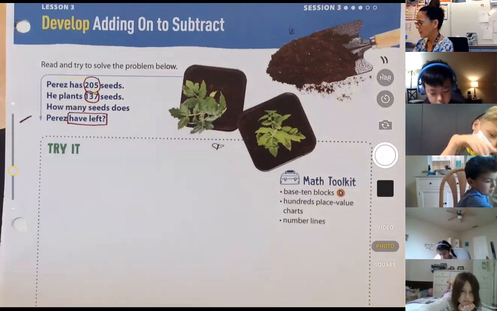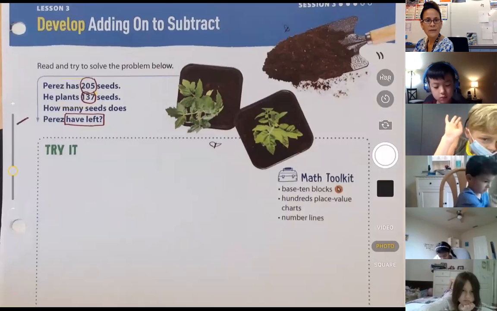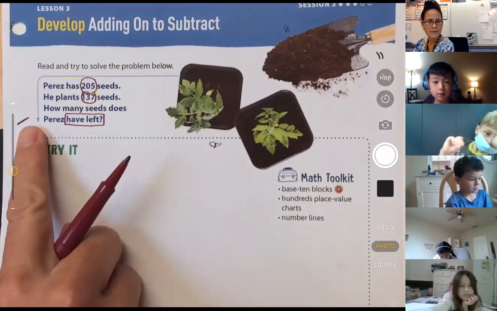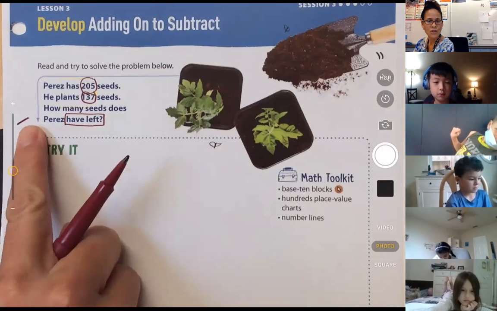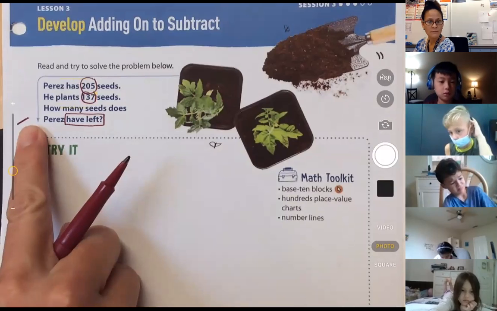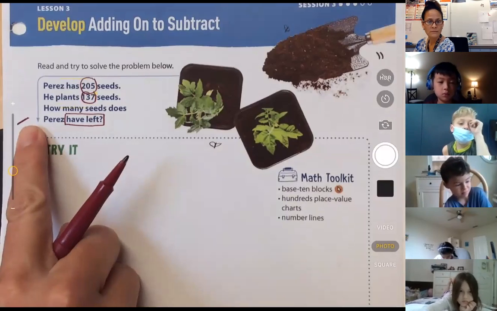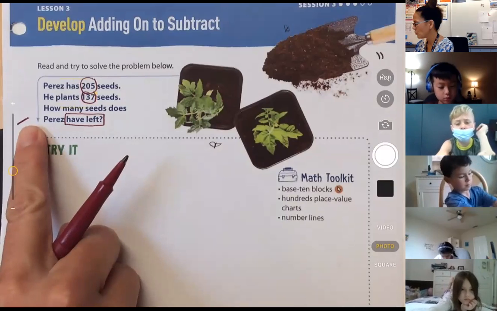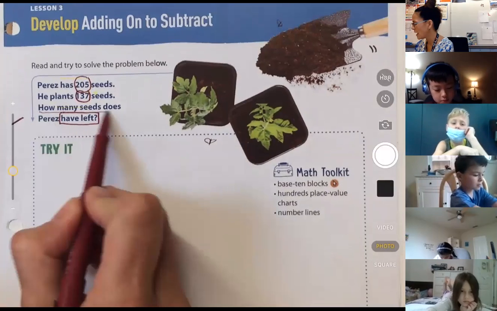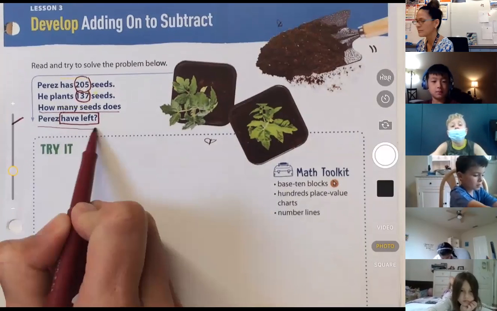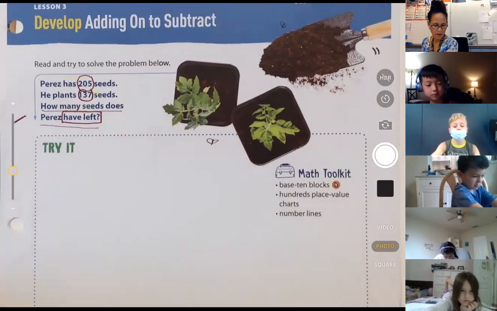And why am I doing that with that line there? That just helps my brain. Is that just a dash? No, it is not. That is the symbol for subtraction. That helps my brain. All right, the actual question, this is what I'm answering. How many seeds does Perez have left?